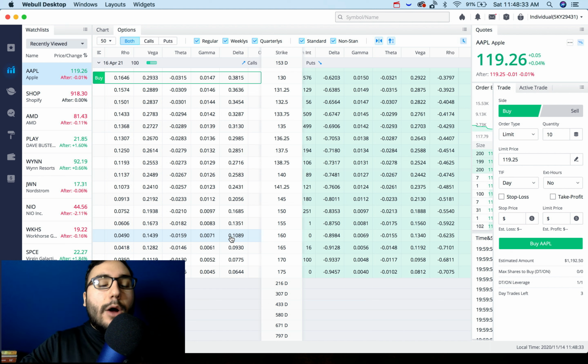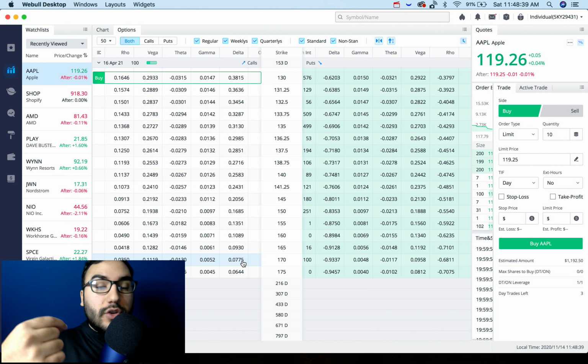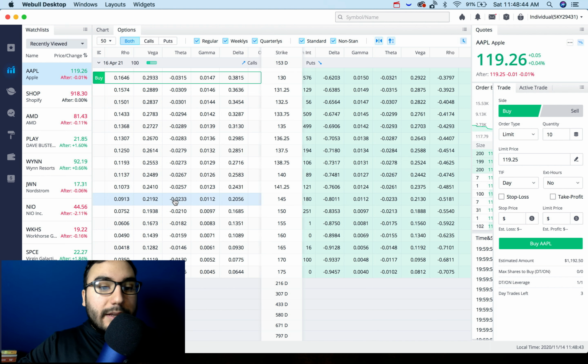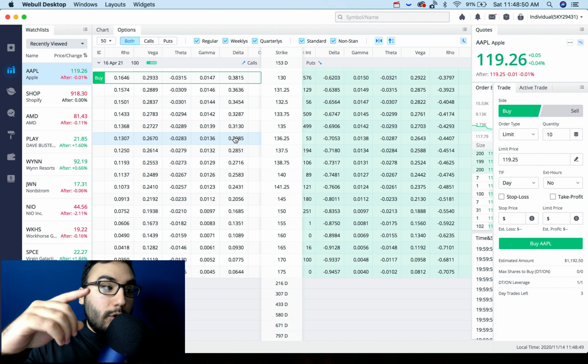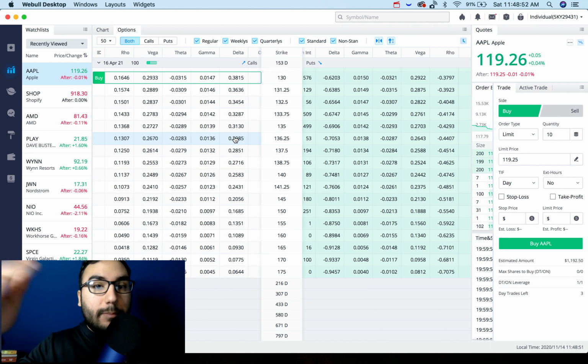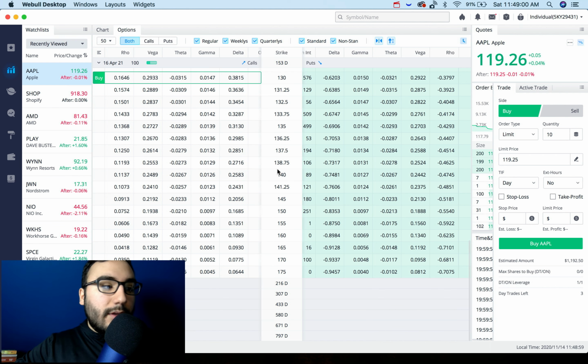So the farther out of the money your strike is, the lower the chance of it actually expiring in the money by that particular date. That's an interesting way you can use delta. Again, it shows you how much the premium moves for a dollar move up or down in the stock, and you can also use it to see the probability of expiring in the money.